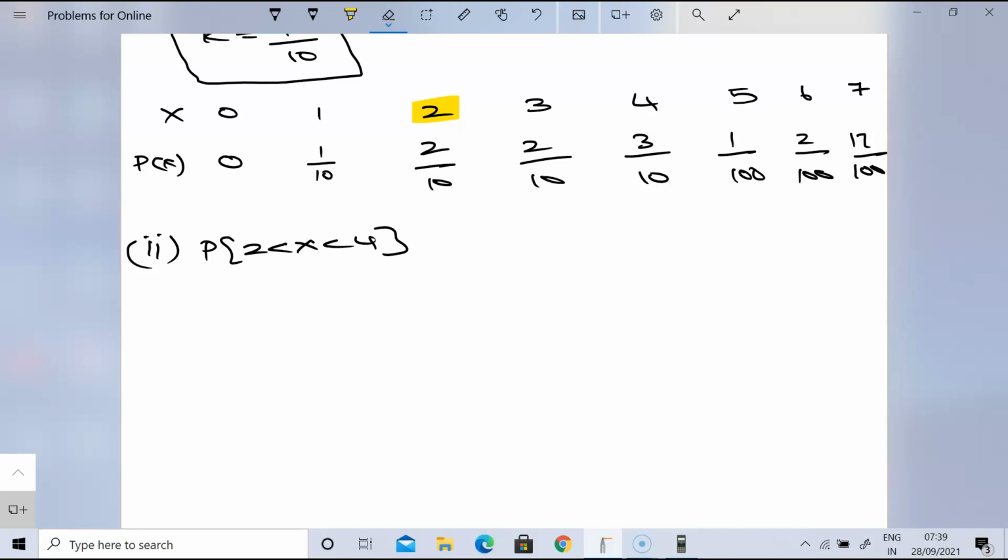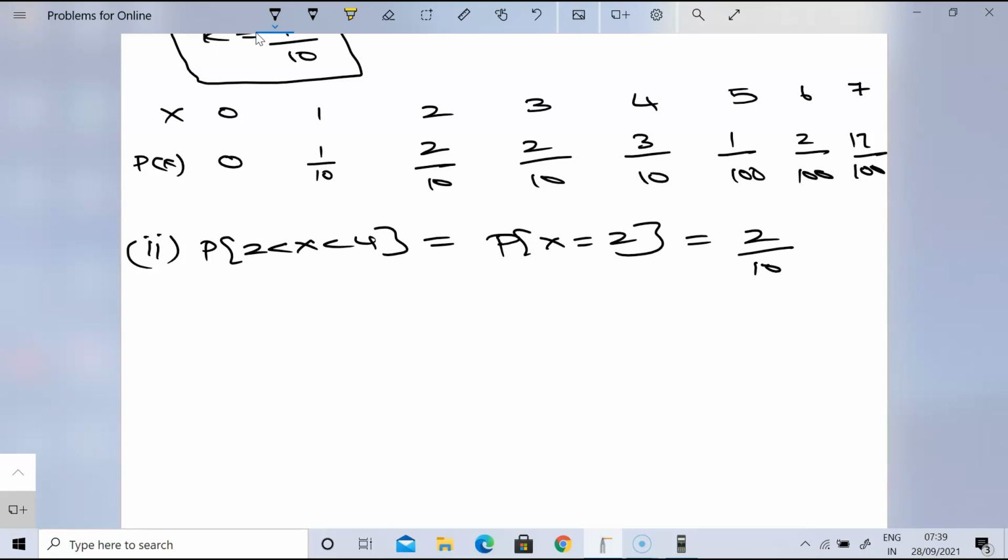Let me remove this. So when you see this, this is nothing but the probability of x equal to 3. Now what is the corresponding probability? See here, x equal to 3, what is its corresponding probability? 3 by 10. That's what I'm going to write here. So this is equal to 3 divided by 10.